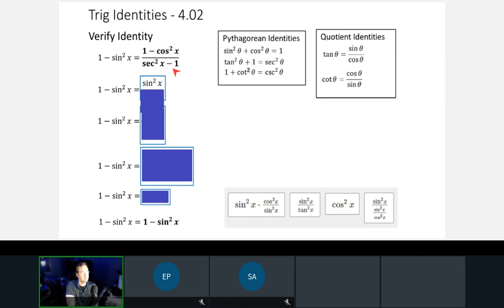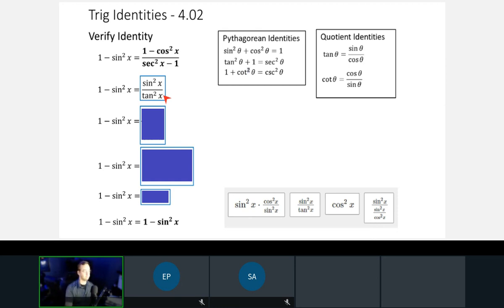So this piece right here becomes tangent squared. Then, once you do that, look at your bank of answers and find the one that says sine squared x over tan squared x, which exists, and you would drag this one to that blank box, and then that first box is correct.